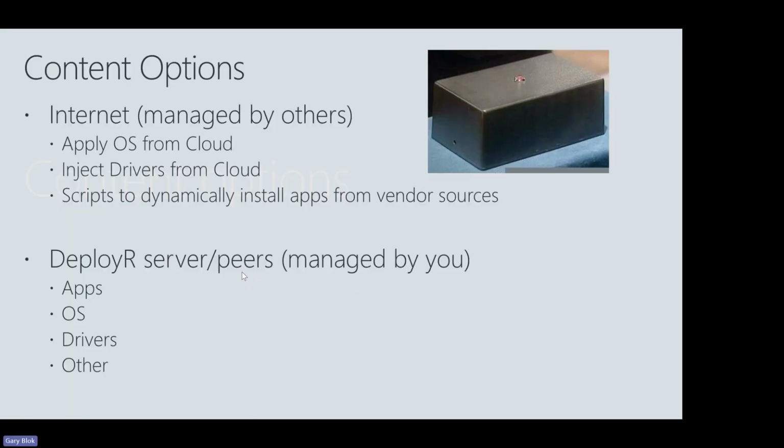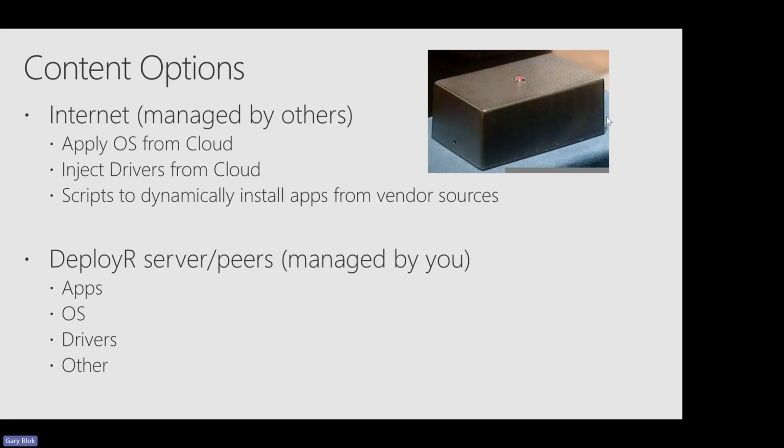Content items. All right, so there's a couple main different ways that you can have the content brought down to your endpoint. One of the ways that we do is just directly from the internet, right? So your Apply OS from the cloud, drivers and scripts can be run from the cloud too if you set up some unique ways to do that.